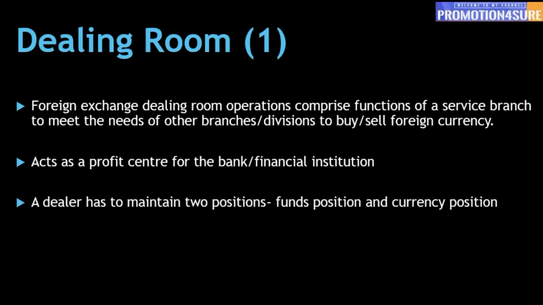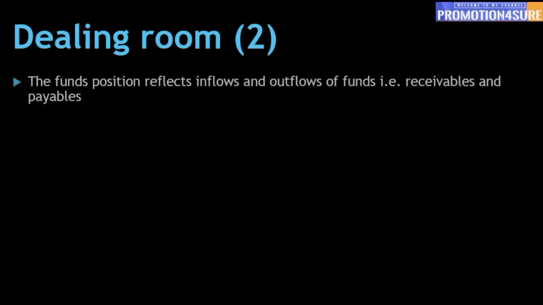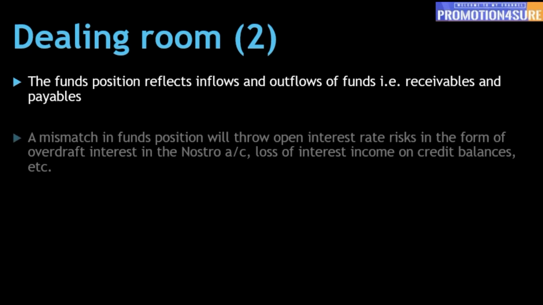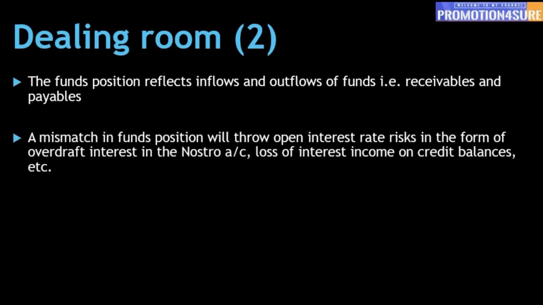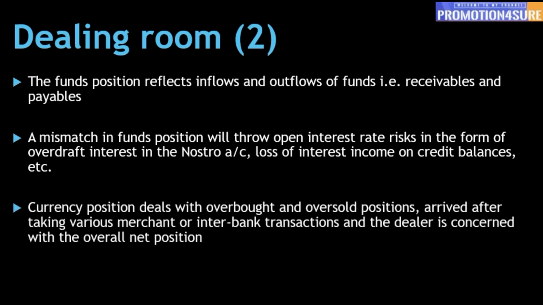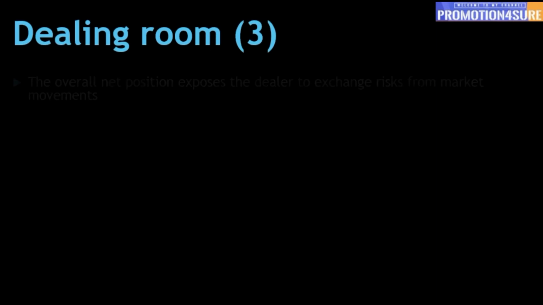A dealer has to maintain two positions, fund position and currency position. Now, the fund position reflects the inflow and outflow of funds, that is, receivables and payables. A mismatch in fund position will throw open interest rate risk in the form of overdraft interest in the nostro account, loss of interest income on credit balances, etc. Now, currency position deals with the overbought and oversold positions arrived after taking various merchant or interbank transactions, and the dealer is concerned with the overall net position.